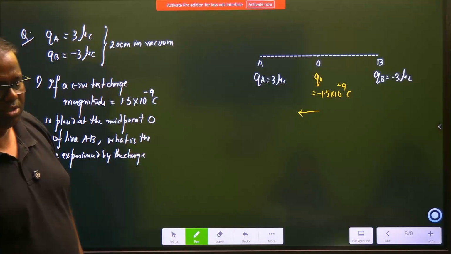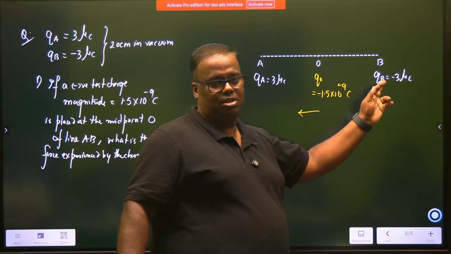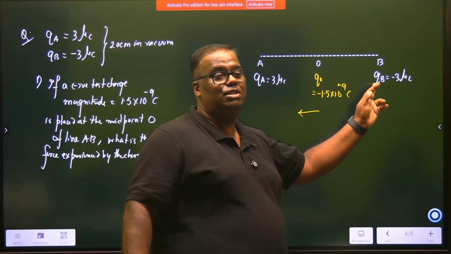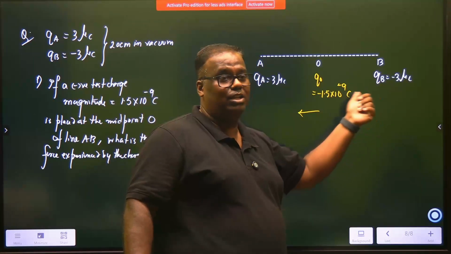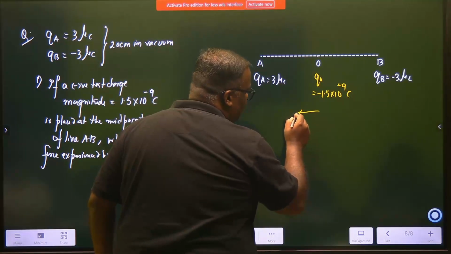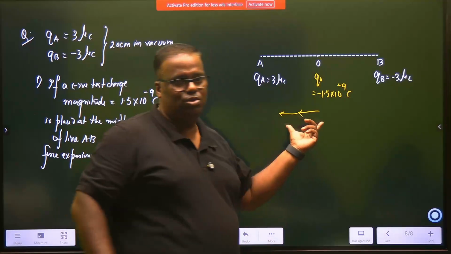Attractive force, agreed? And due to these two forces, it won't be zero, Zoe. Because you will face a force of repulsion, negative, negative, and another equal force of repulsion. So whatever this force is, twice of that force you will be feeling.